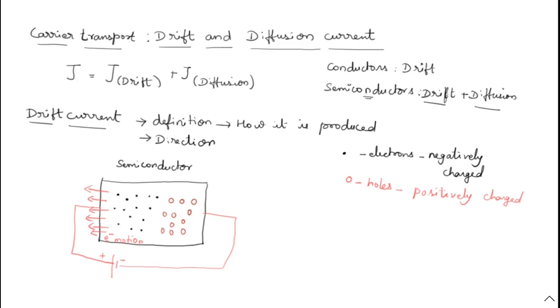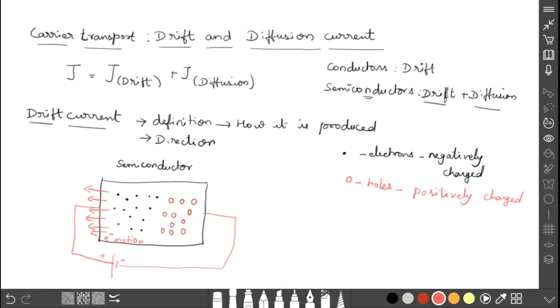Next, holes. Holes are positively charged, so all the positive charges will be attracted towards the negative terminal of the battery. Hole motion will be in this direction. Now you see in which direction the drift current flows.